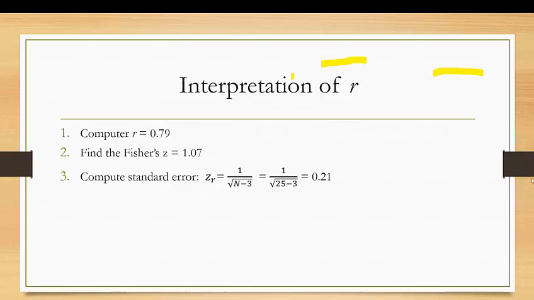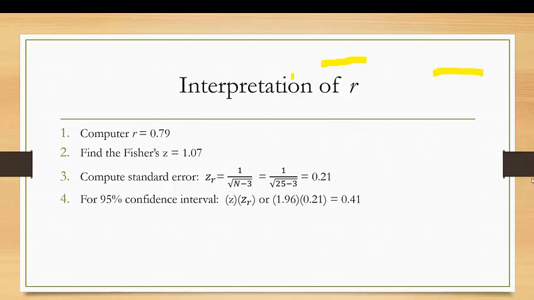So now we go back to our 95% confidence intervals, and instead of what we did in the past, we're going to substitute the standard error of our Fisher z in there. So z times our standard error z.